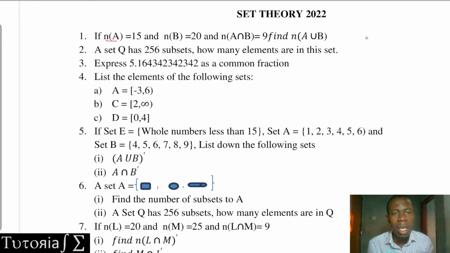So A union B, you just say the number of elements in A union B. You know that A union B is equal to, so you have number of elements there.